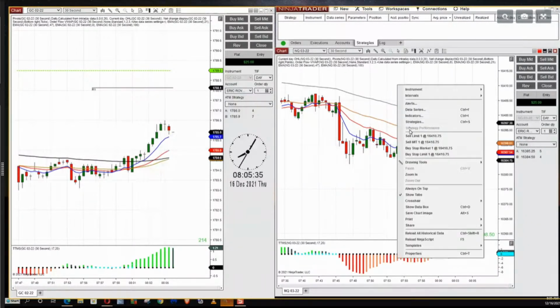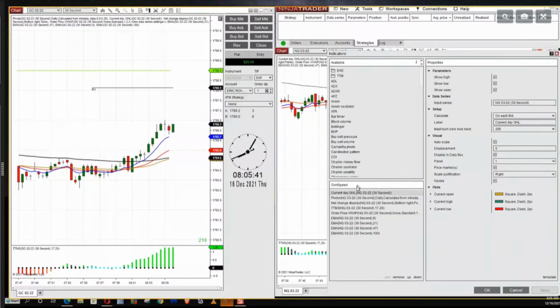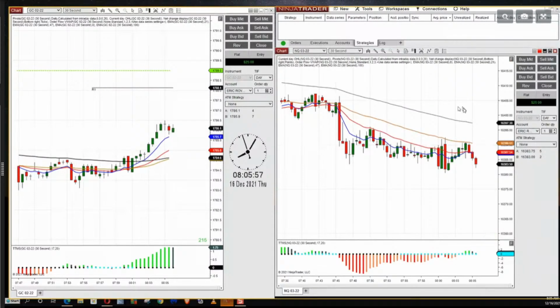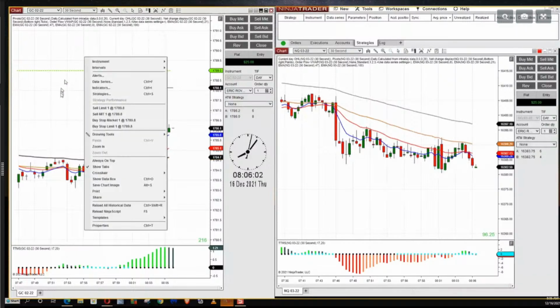Make sure that your momentum length on the indicator is set to 17. Squeeze length, momentum length, not squeeze length, sorry. Momentum length is 17. Okay. My concentration is going to be on the gold side.